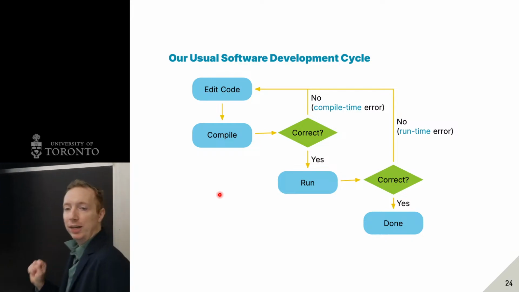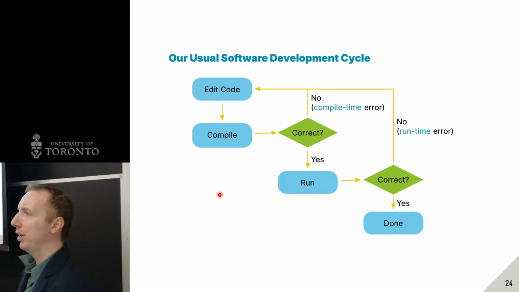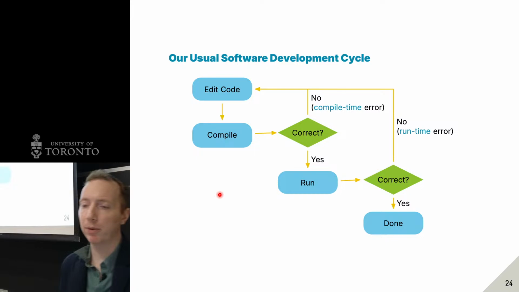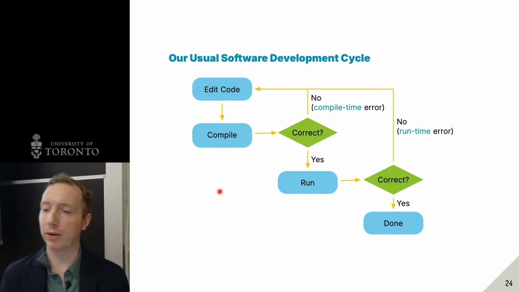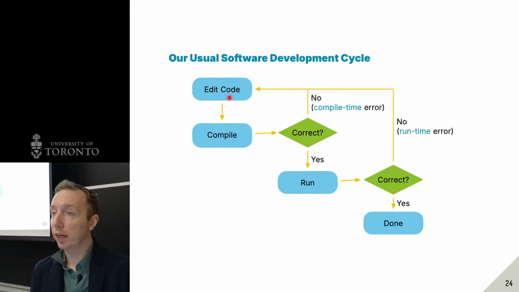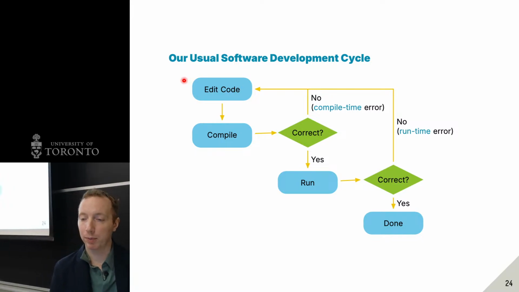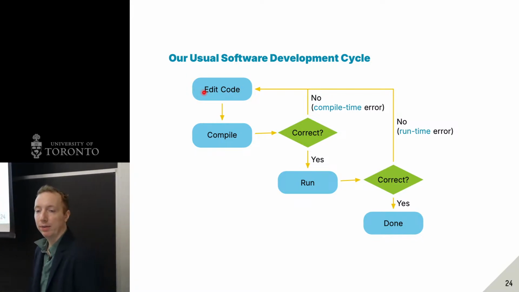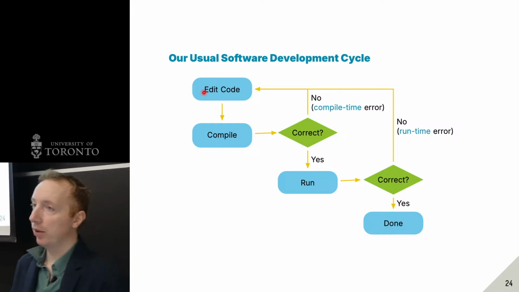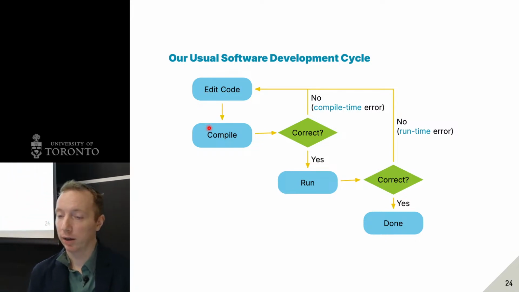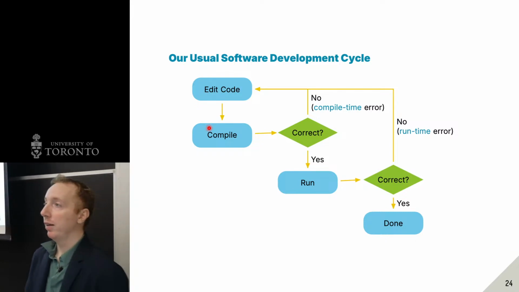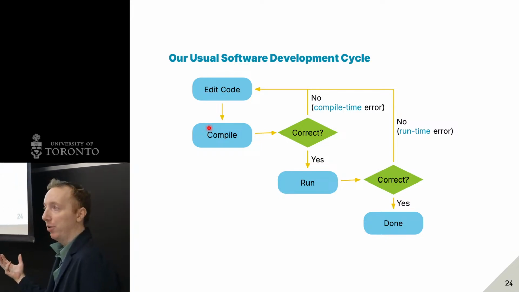All right, shifting gears a little bit to how we actually develop software, we can represent it as a bit of a diagram. Usually how we develop software is we edit our code, so we edit our C file, and then we make some changes. We try to compile it. We'll either get a yes or a no from the compiler.